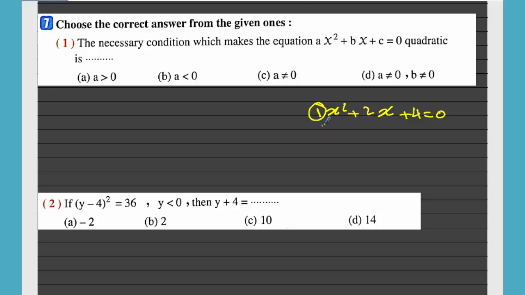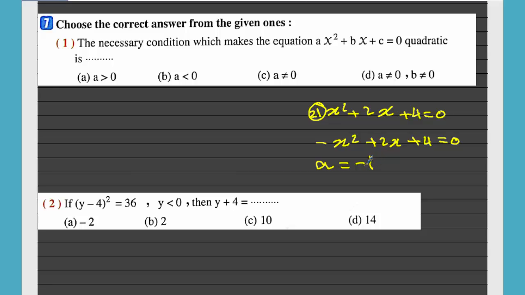Maybe this coefficient equals 21, maybe it equals any other number, like negative x squared plus 2x plus 4 equals 0. So the coefficient here, it is a, right, equals negative 1.